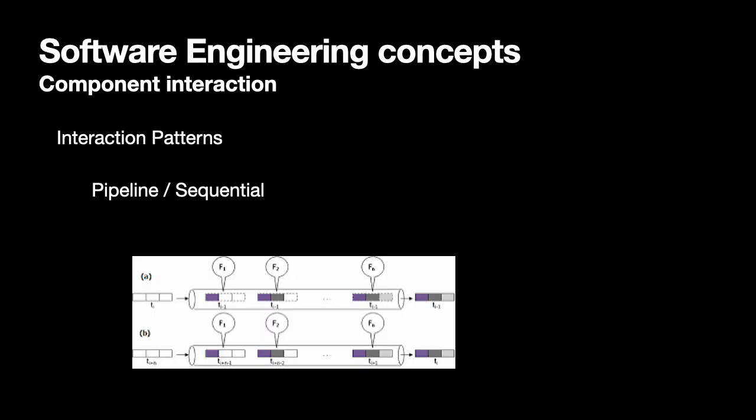Pipeline, sequential pattern, makes component A's output the direct input to component B. This pattern is primarily used in RAG systems, and its key architectural feature is that it establishes a simple data flow with high predictability and low latency overhead.